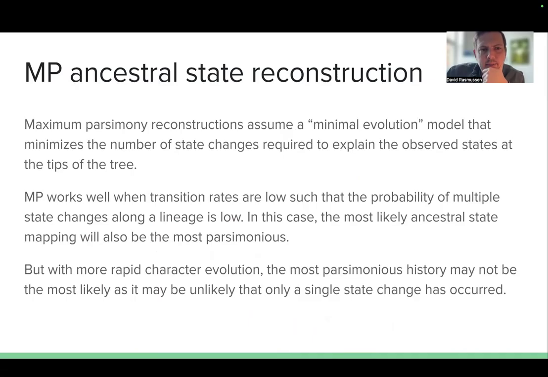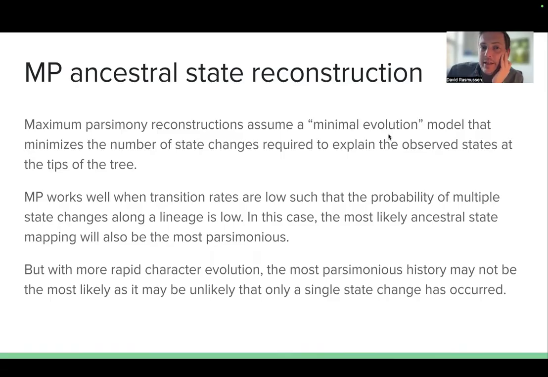So we already talked about maximum parsimony tree reconstruction when we talked about the ultra-fast placement methods. But maximum parsimony can also be used to reconstruct ancestral states in a very, very efficient way. Maximum parsimony methods are really what we think of as minimal evolution models.